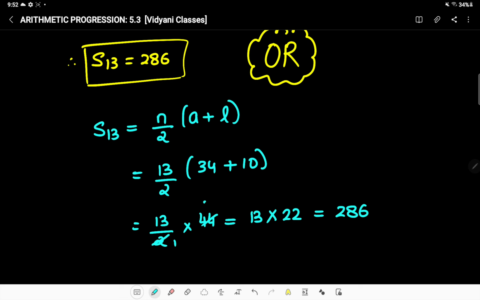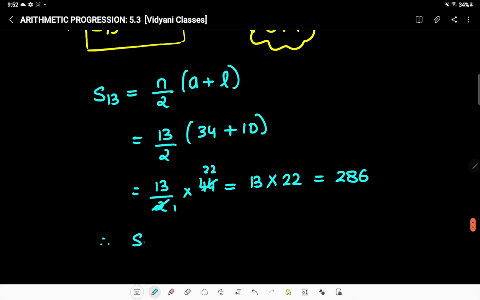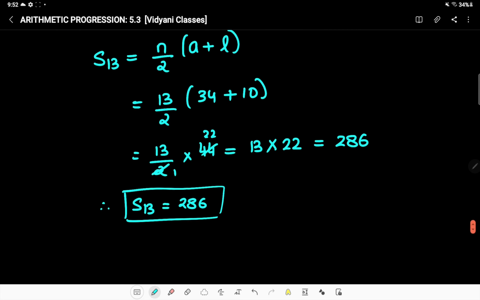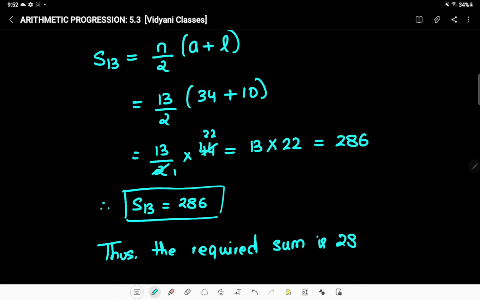Okay, 2 ones are 2, 22 thirteens are 286, this should be understood, right? So S13 equals 286. So either you can use this method or the above method to get the answer. So write down the final statement. The required sum is 286. Clear?